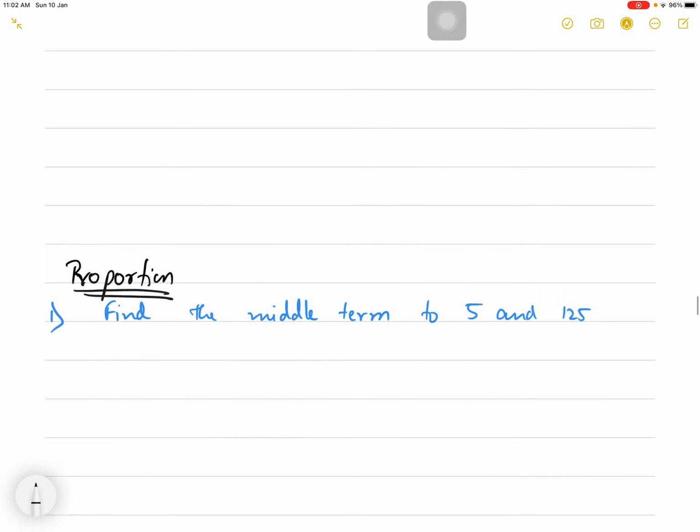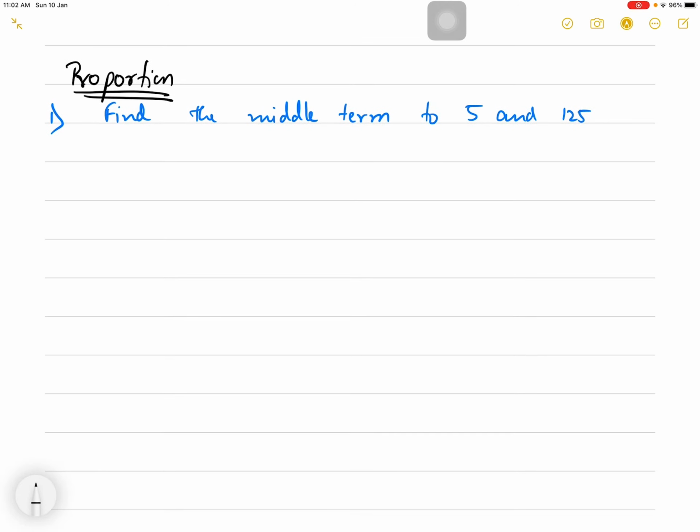Now let's solve a few problems of proportion. Right. So find the middle term of 5 and 125. We have already solved this kind of problem, right? It is a continued proportion. Okay. So let the middle term be x.